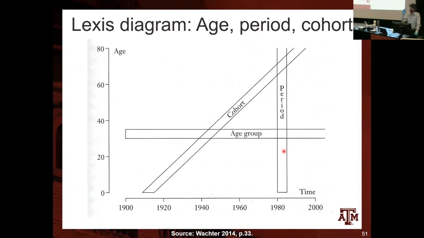I have data for a specific time period. That specific time period has people from different age groups. So I have a lot of these horizontal bars here crossing my column. And I also have a lot of people from different cohorts. I have different diagonals here crossing my vertical column, right?